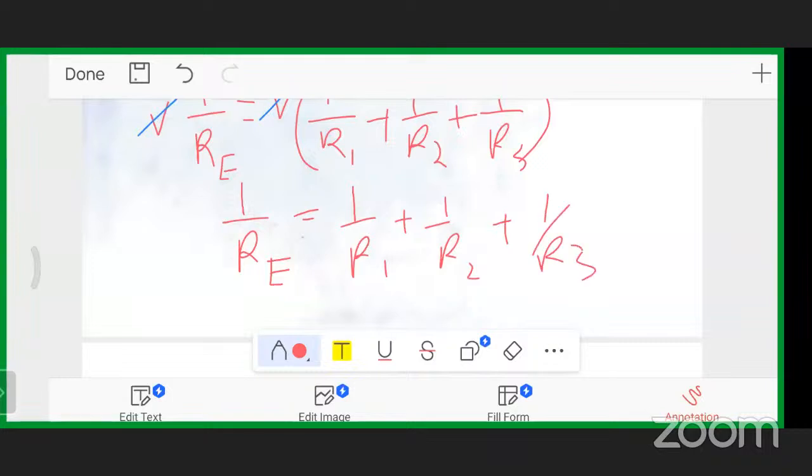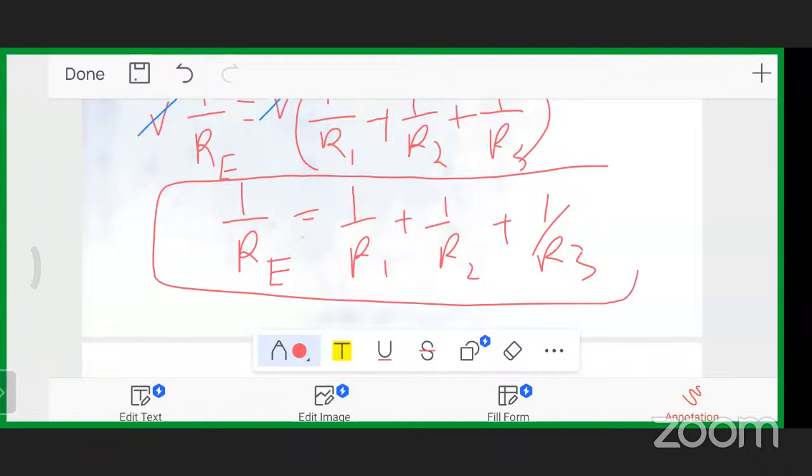And now this is the expression that will give you the total resistance, or the effective resistance, in the circuit. It tells you that when you have resistors in parallel, the reciprocal of the effective resistance is equal to the sum of the reciprocals of the individual resistances.